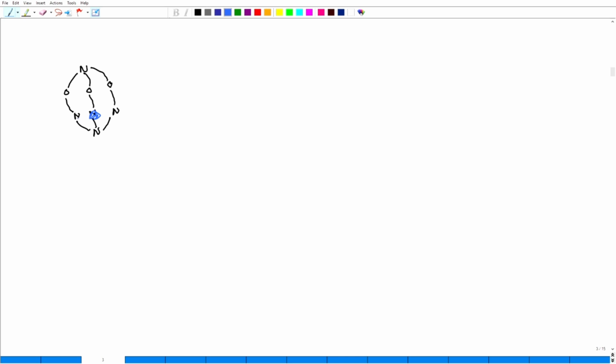Okay, it binds to these nitrogens, 1, 2, 3, 4. So, 4 nitrogens bind to this copper, and the other part here is empty. This part is empty, there is nothing.